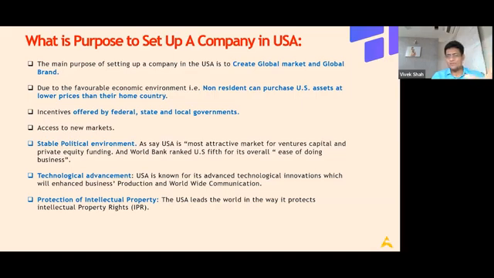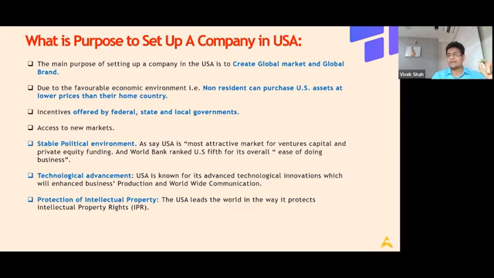So that is the common purpose of setting up a company in the US. I'll be covering later that in the US, any foreign person can create their own company. There is no requirement of a resident director. If you go to another country like Australia, Canada, or maybe the UK, you need someone as a resident director.